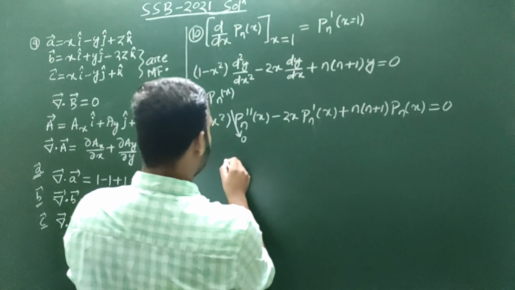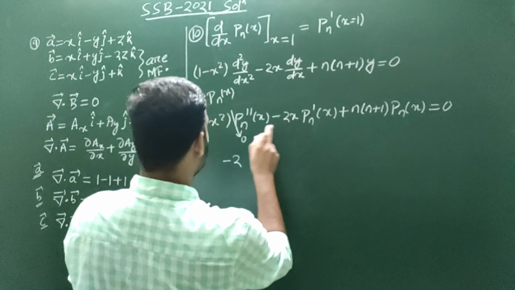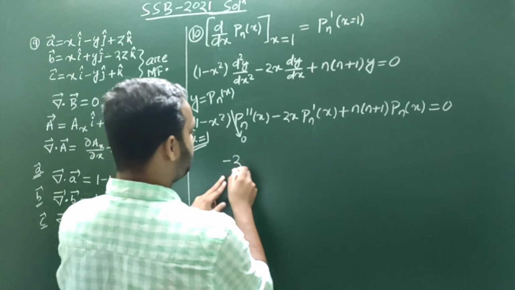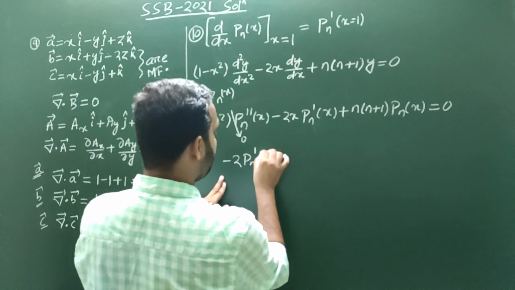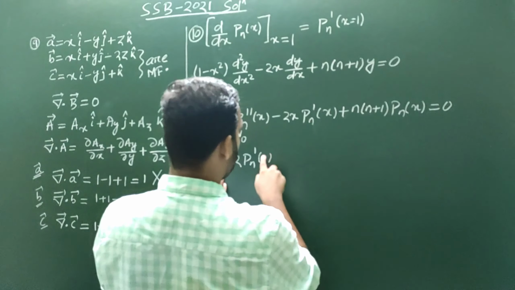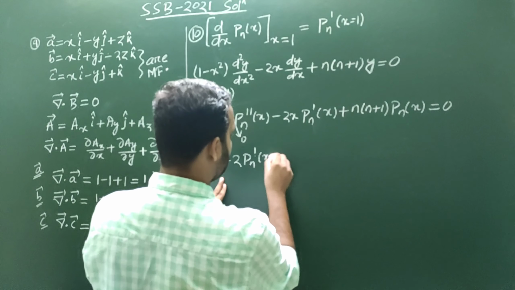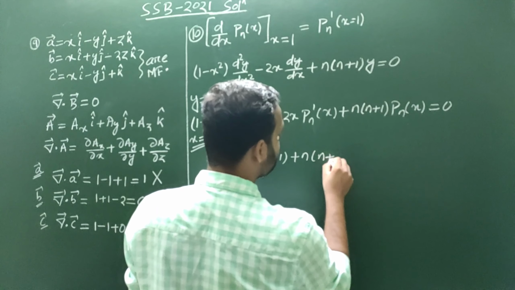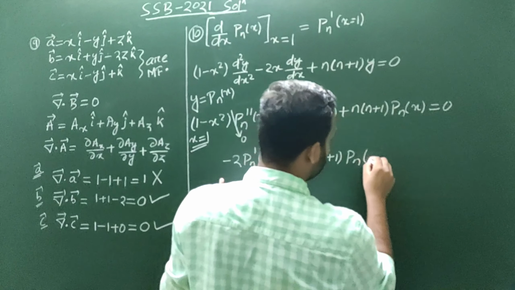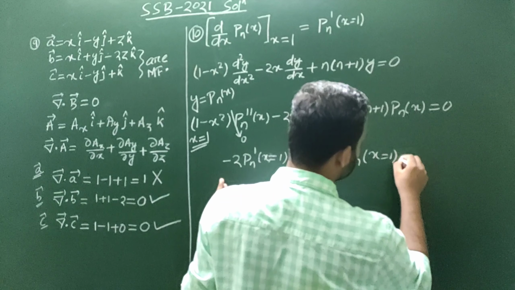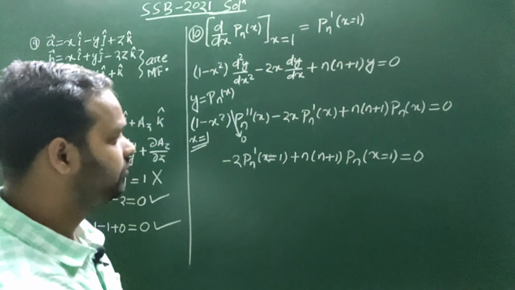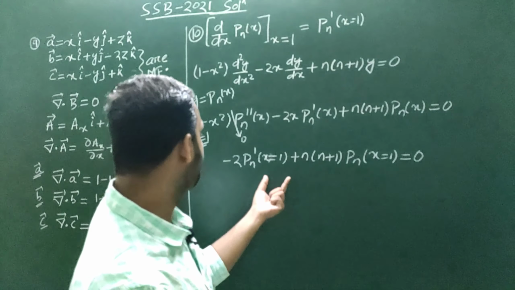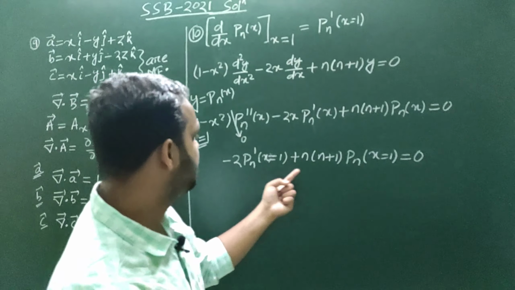And this term will give you minus 2 into 1, since we are taking x is equal to 1, so minus 2 Pn prime at x equal to 1, plus n into n plus 1 Pn at x equal to 1. This will be equal to 0. Right. Now let's take this is minus and this is plus.